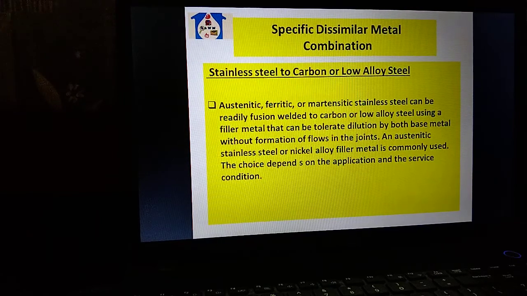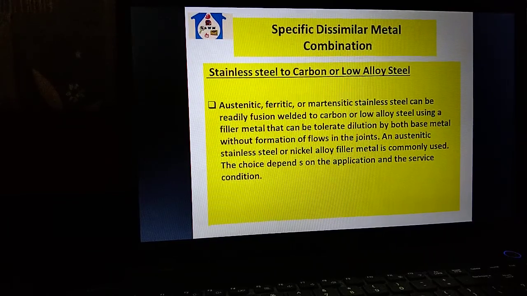Specific dissimilar metal combination: stainless steel to carbon steel or low alloy steel. Austenitic, ferritic or martensitic stainless steel can be readily fusion welded to carbon or low alloy steel using a filler metal that can tolerate dilution by both base metals without formation of flaws in the joint.